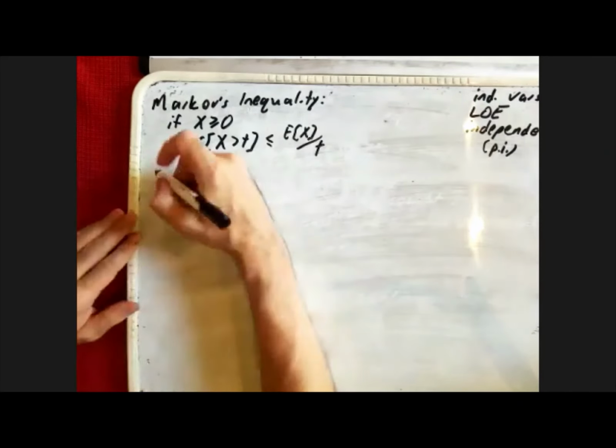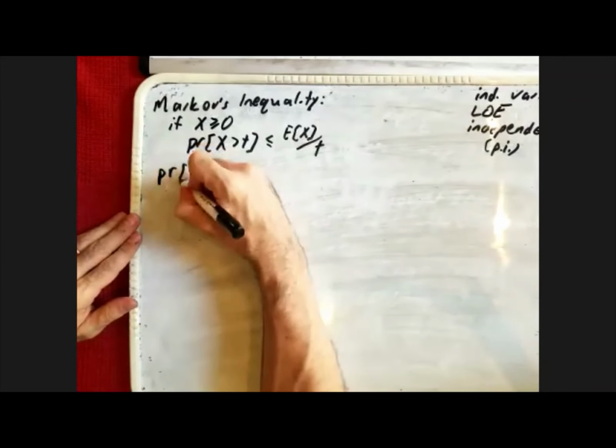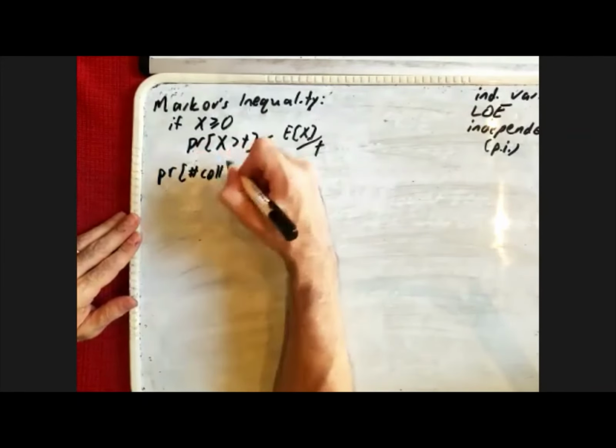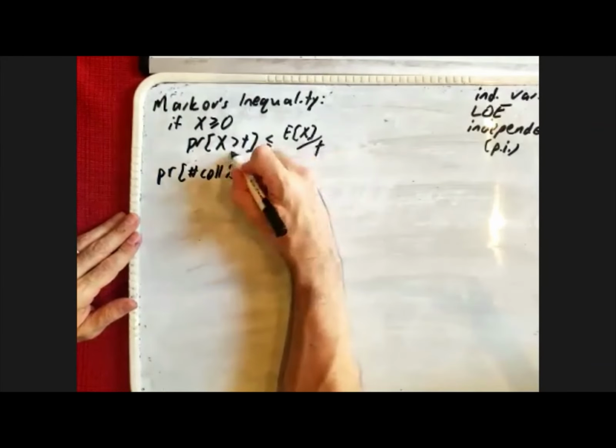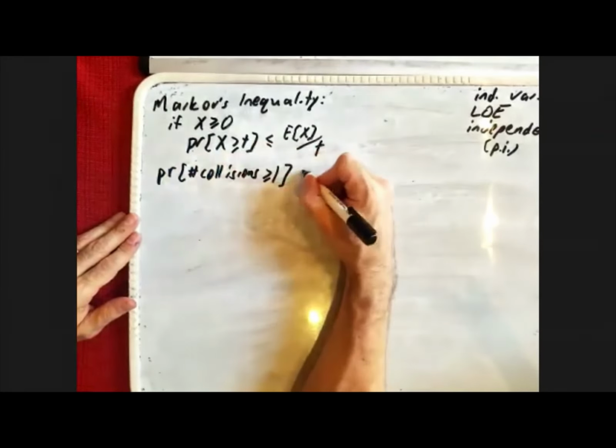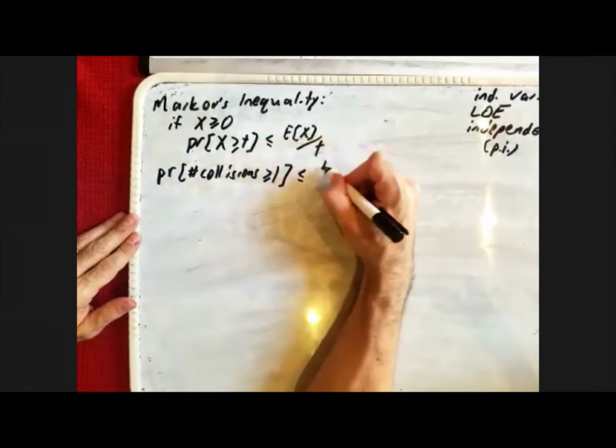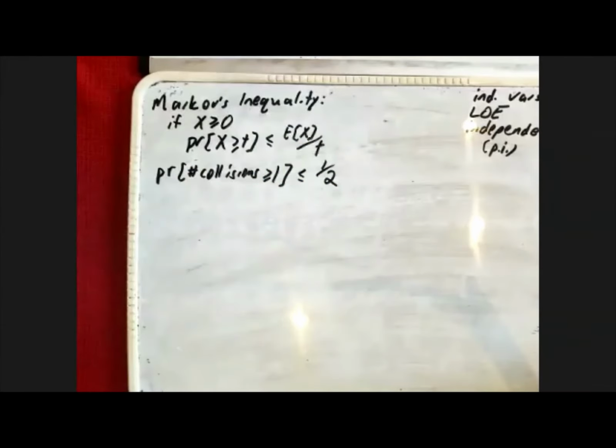So in particular, in our case, the probability that the number of collisions is greater than or equal to 1 is less than or equal to the expectation, which is a half, divided by 1. So if we pick a random hash function into quadratic space, then there is at least a 50% chance that there will be no collisions. Everybody follow that? Any questions?